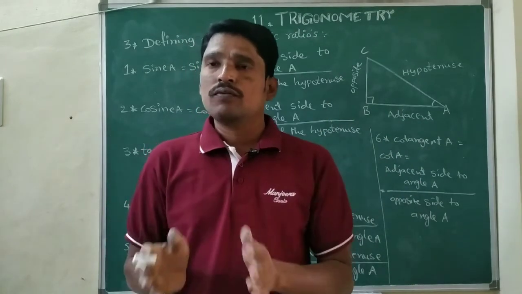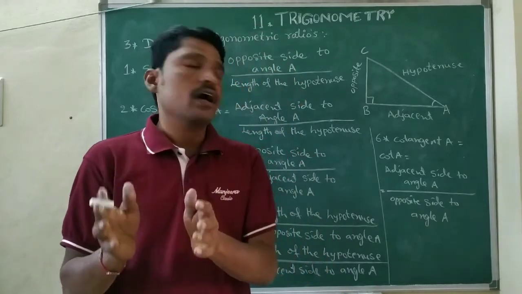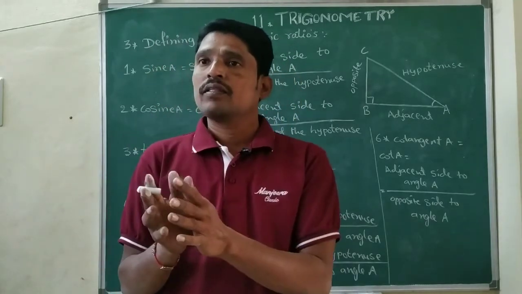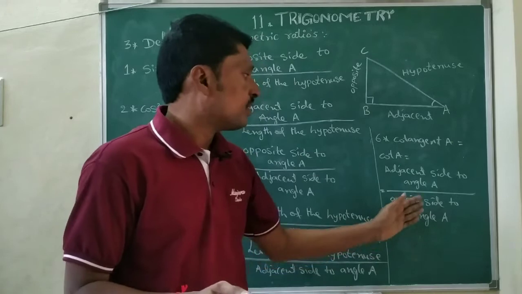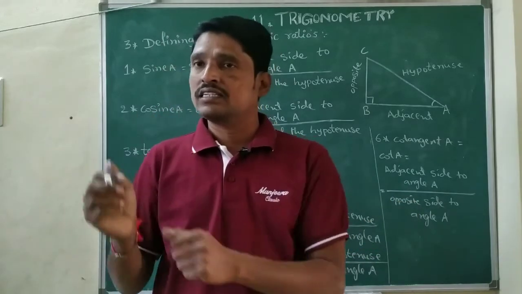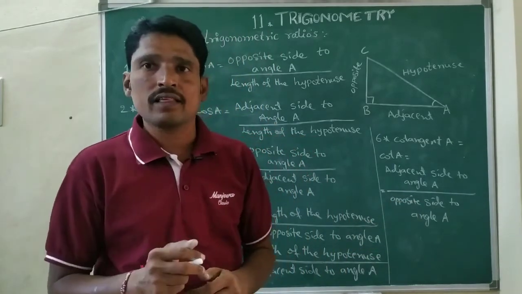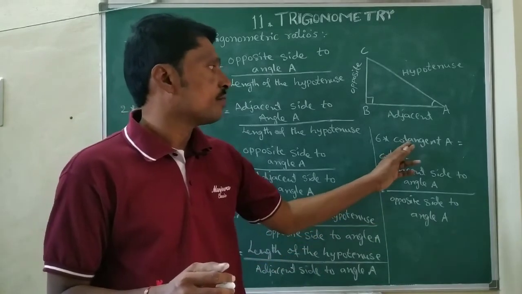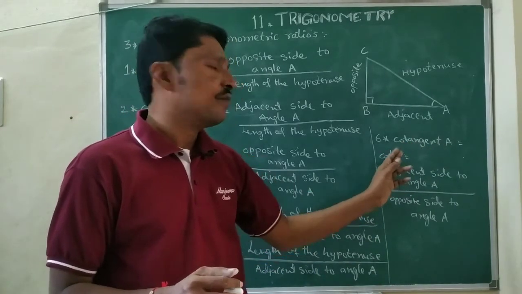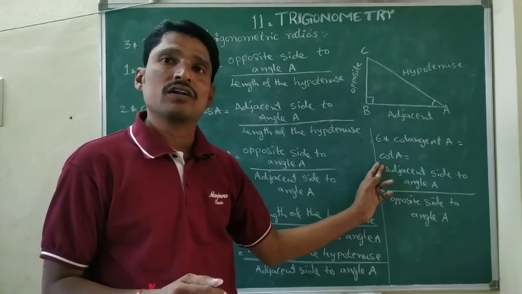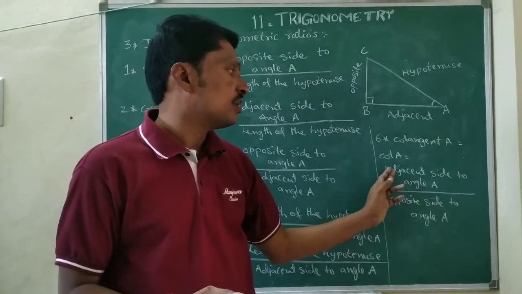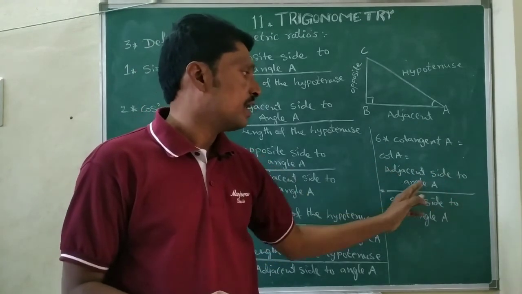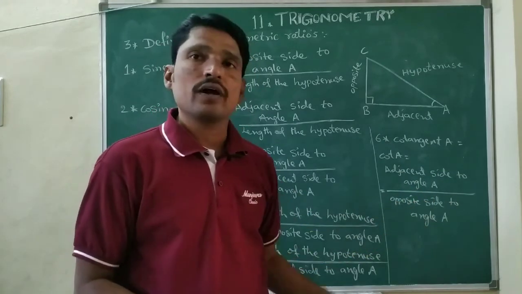The ratio of the adjacent side to an angle and the opposite side to an angle is constant in all similar right triangles, then the ratio will be cotangent, simply cot A. So cot A equals the adjacent side to angle A by the opposite side to angle A.